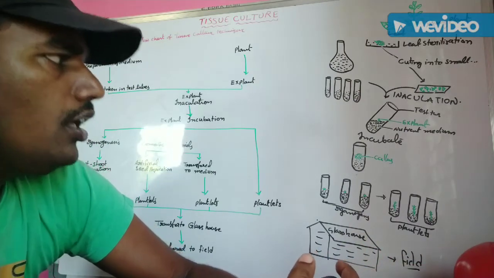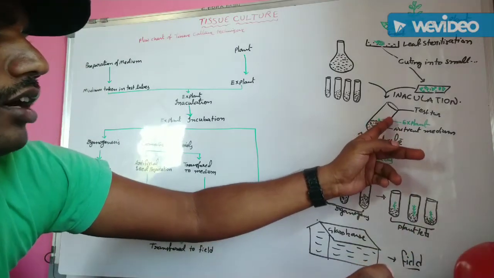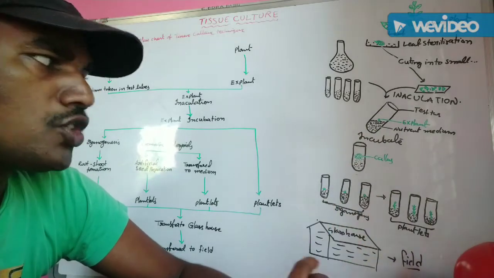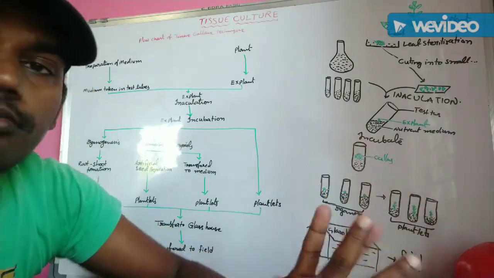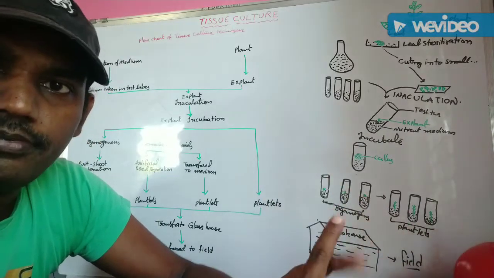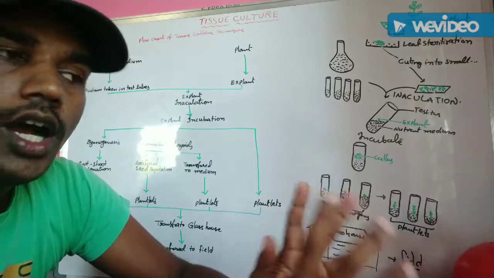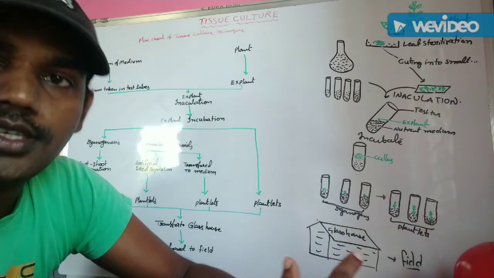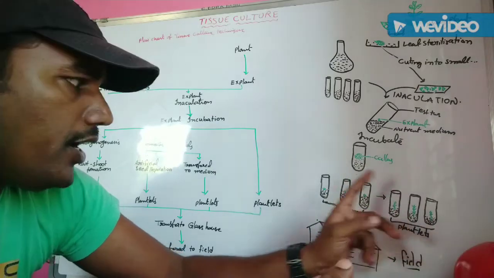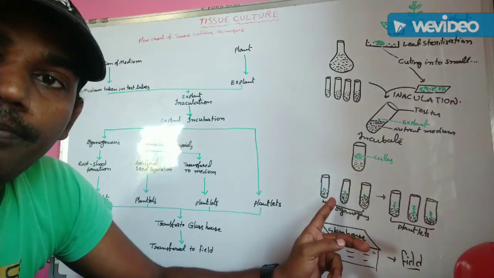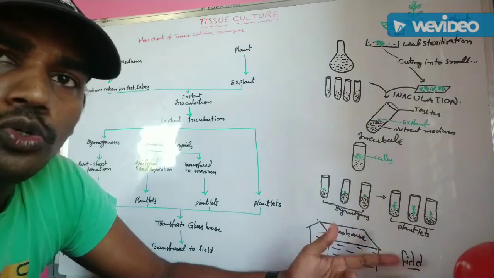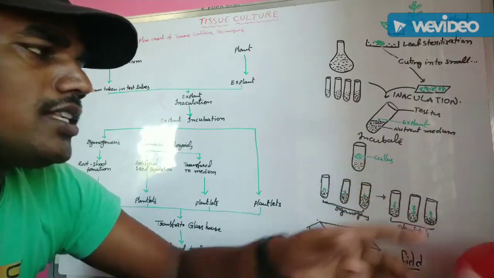Then after inoculation of the explant into the medium containing test tubes, these are incubated for some 3 to 4 weeks in the incubation chamber. After 3 to 4 weeks, this inoculated explant divides and forms multiple undifferentiated masses of tissue. That is known as callus.